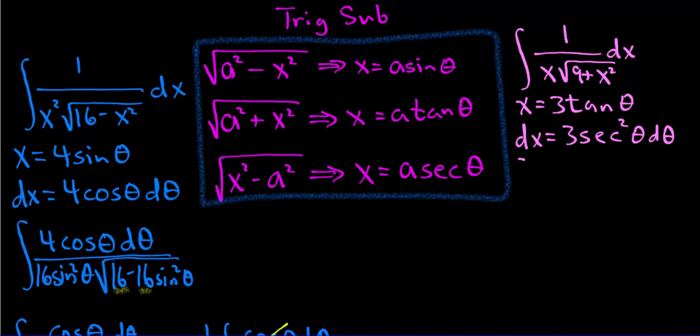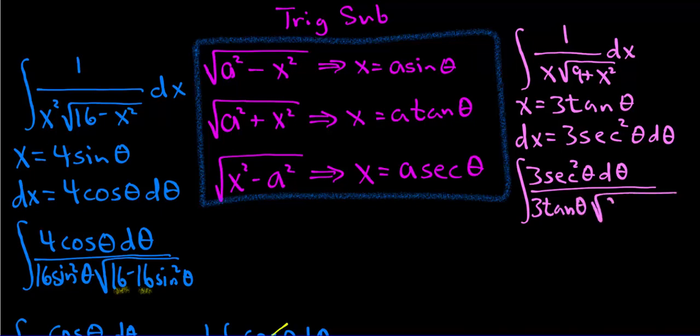If I put this all back in the integral, up top I've got 3 secant squared theta d theta. And on the bottom, I've got 3 tangent theta, and then 9 plus 9 tangent squared theta there.